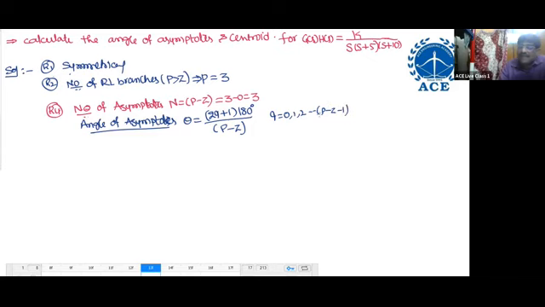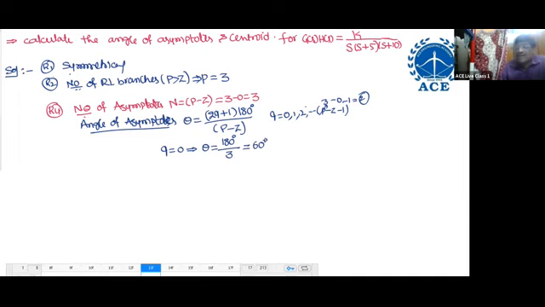P is 3, Z is 0, minus 1 means up to 2 you have to consider. So Q is 0, 1, 2. If Q is 0, the angle is 180 by P minus Z. P minus Z is 3. So the angle of asymptote is 60 degrees.